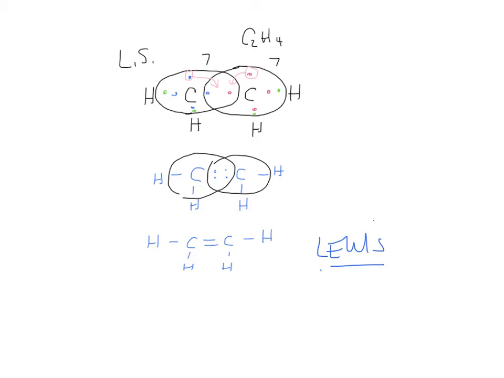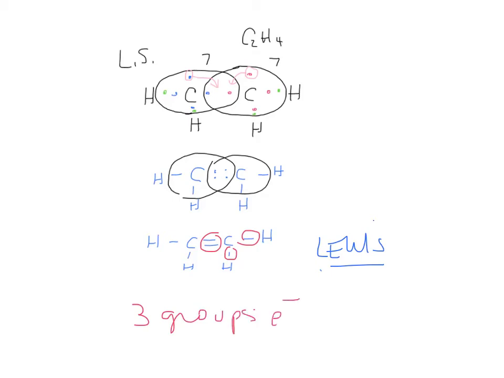So the next step is to do the VSEPR structure. And for the VSEPR structure, we look to see how many groups of electrons there are per carbon. You have one group, second group, first group, second group, third group. So there's 3 groups of electrons.